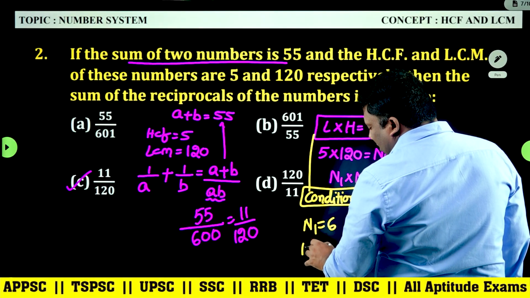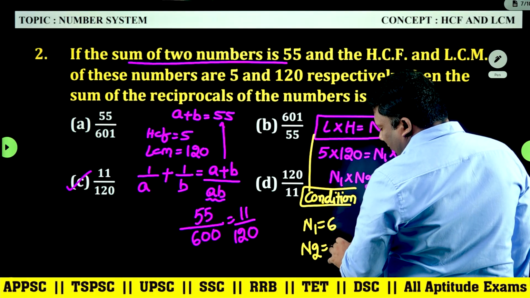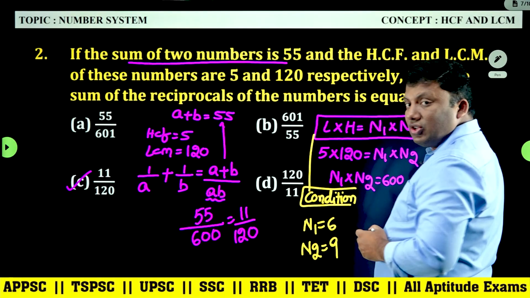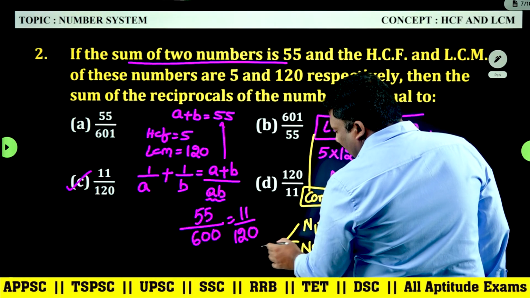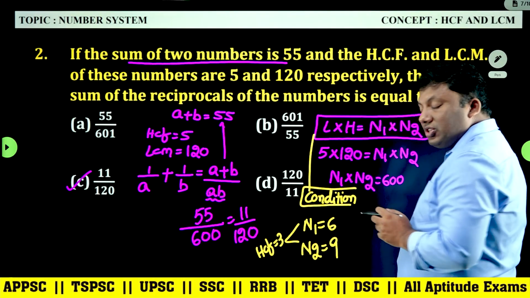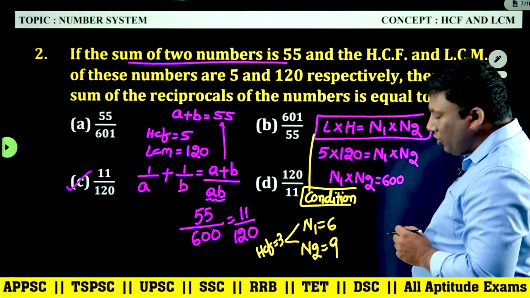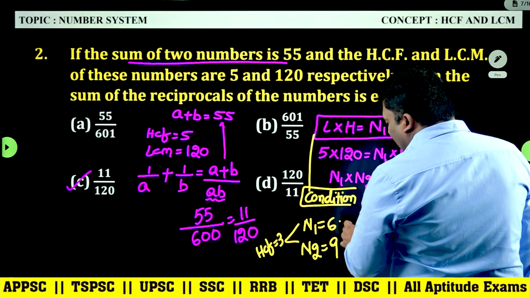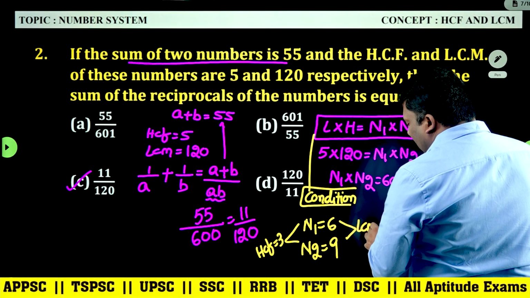Take N1 as 6 and N2 as 9. There are two numbers, 6 and 9. The HCF is 3, the largest factor which will divide both 6 and 9. LCM is 18.